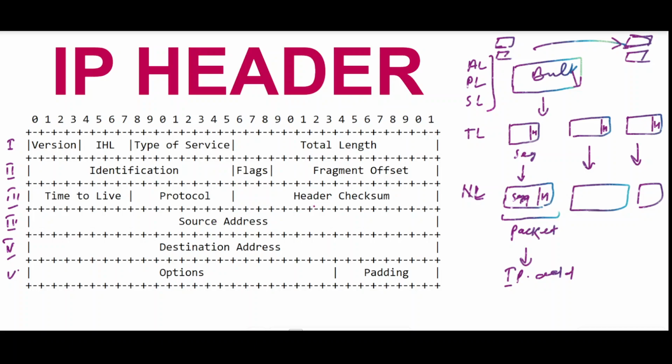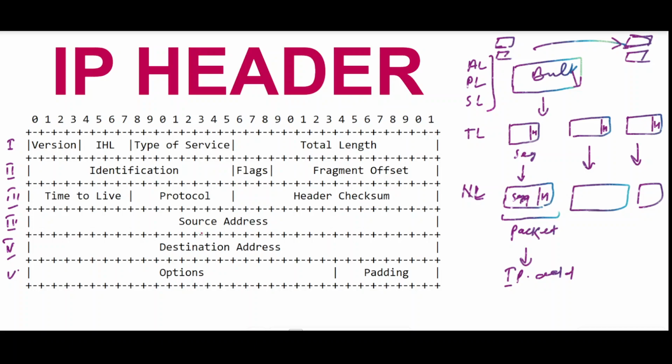Here we use header checksum because at the TCP transport layer we use a whole checksum for the whole data. But here the data is already checked and verified, while the header is not verified, so we use header checksum.